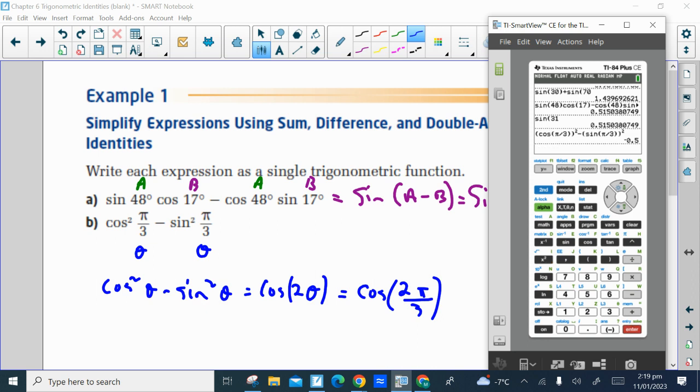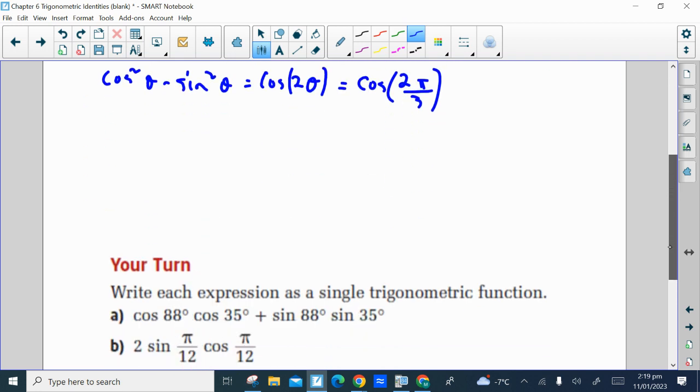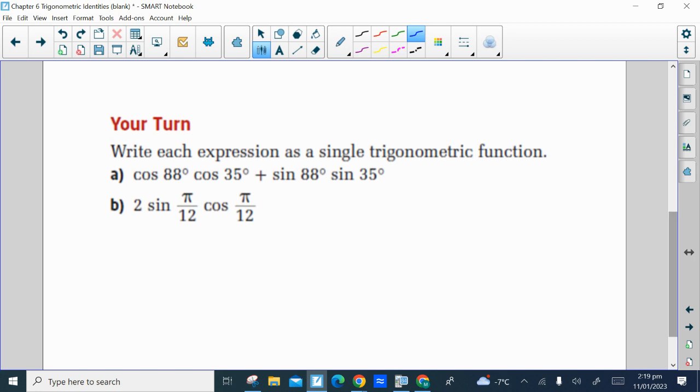Gives you that decimal, negative 0.5, negative a half. Well, if you take the cosine of 2 pi on 3, which is the answer we got simplified, you get exactly the same value. So again, that just shows that the relationship is true. It works. But what we've done is we've used them to simplify the expression, make it simpler. And again, this is one of the applications of these sum difference double angle identities.